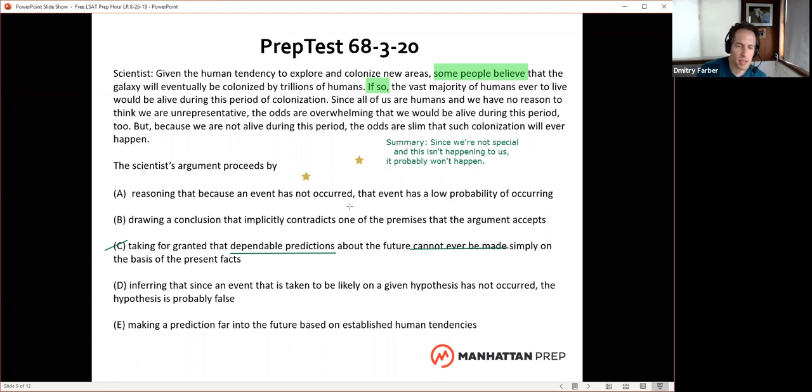It seems like they're making a prediction about the future, right? Who was making a prediction based on established human tendencies? This is a specific kind of trap that they're giving us, right? Well, no, it's not no one. They specifically mentioned human tendencies in the argument. And if you missed it, that might be okay because it was the wrong place. Yeah, it's the some people, right? This is the argument of some people, but the author disagrees with them.